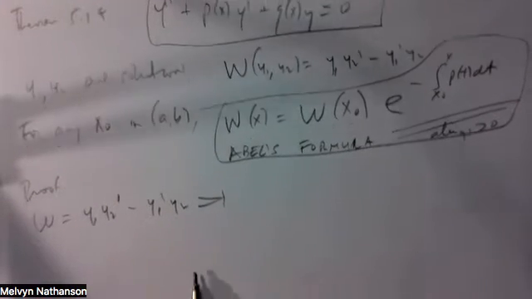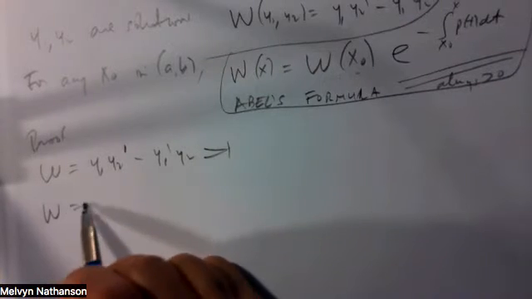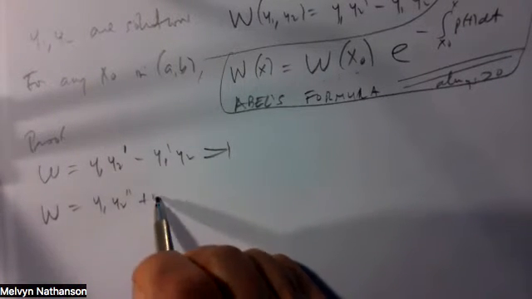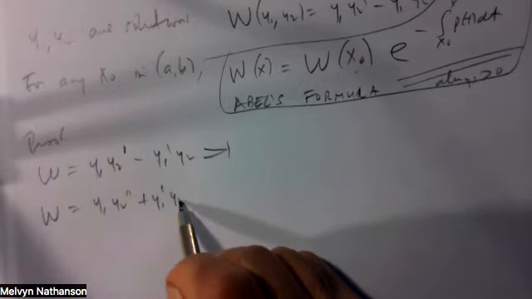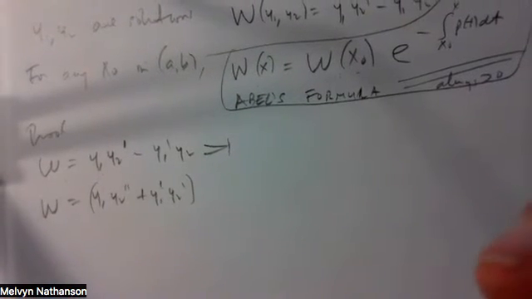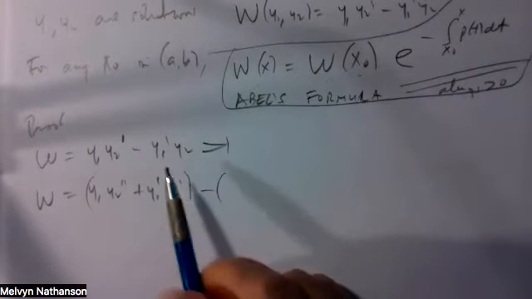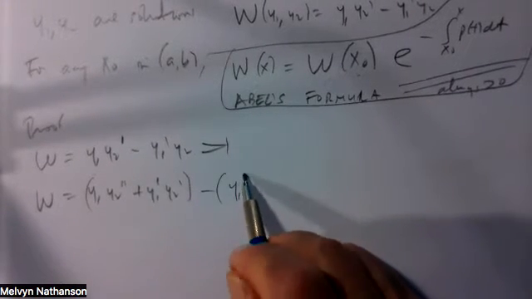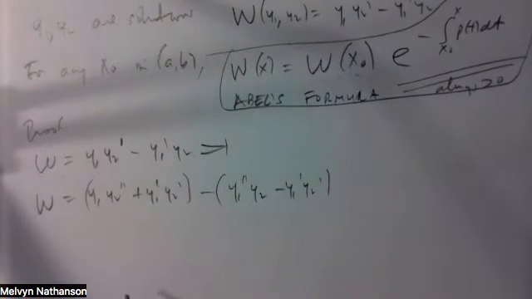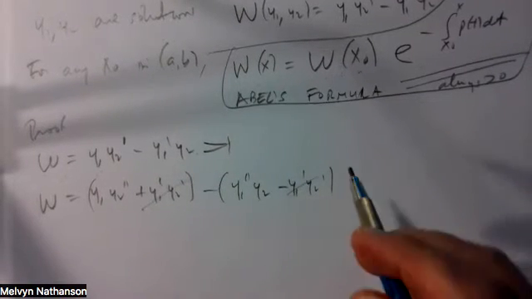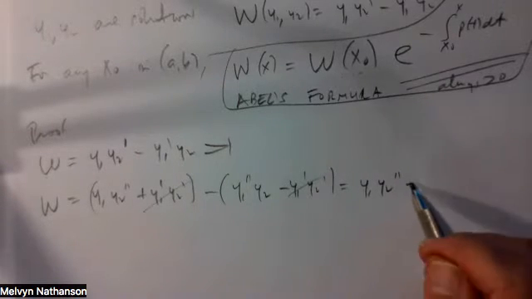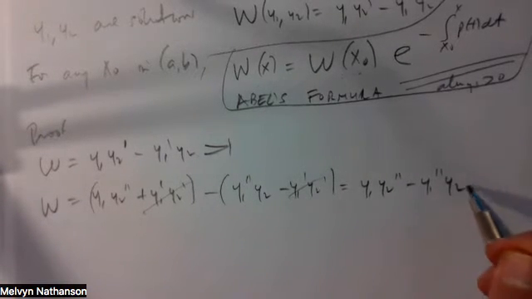If we differentiate the Wronskian, by the product rule we get y1 y2 double prime plus y1 prime y2 prime, minus the derivative of the second term, y1 double prime y2 plus y1 prime y2 prime. And you see these terms cancel.